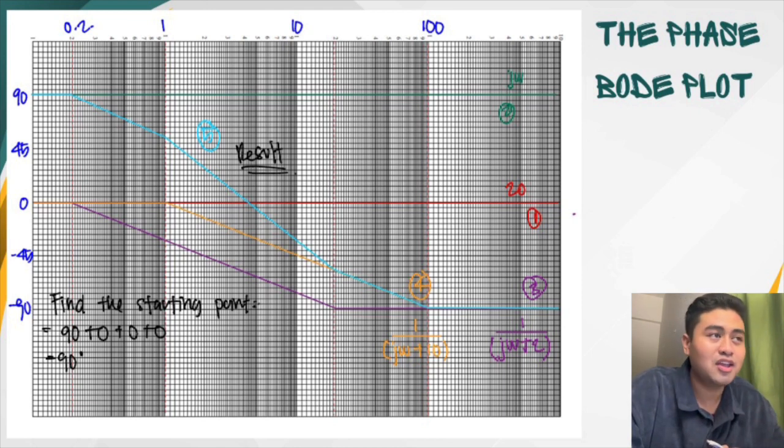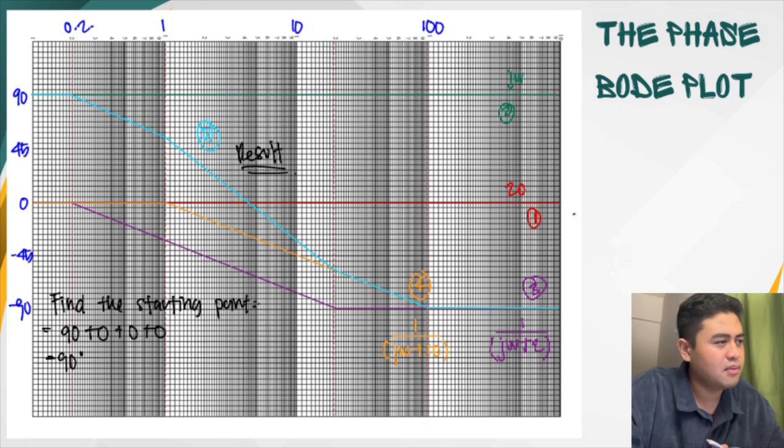You need to do the same thing as for the magnitude, which means we need to combine all the graphs to become a result. So how? The first thing, you need to find the starting point. You need to sum up all the y-axis values, which for graph 1 is 90, for the green line is 90, for the red line is 0, and for the third and fourth graph also 0.